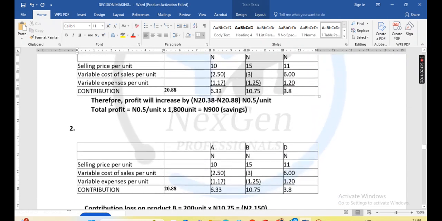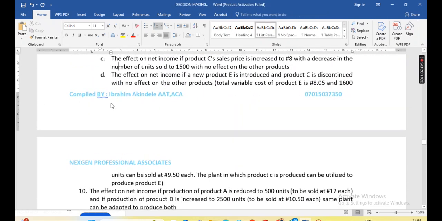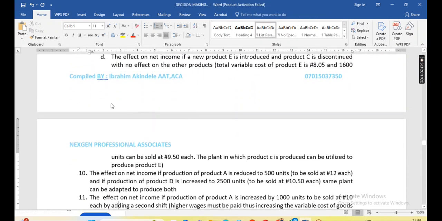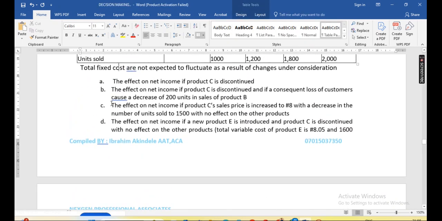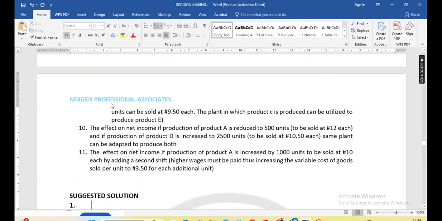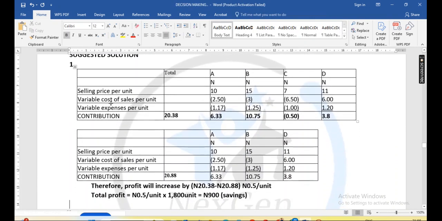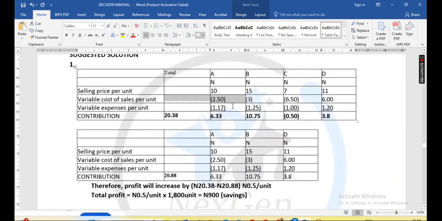What is the variable cost given to us? They didn't even give us the variable cost directly, so that's fine. What is the variable cost of product A? It is 2.50 plus 1.17. That is the variable cost.